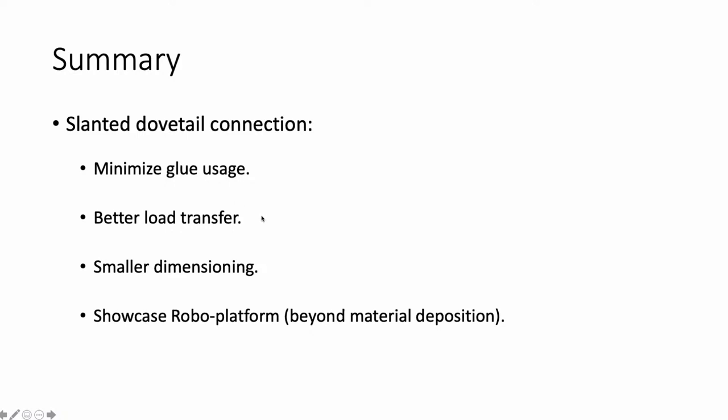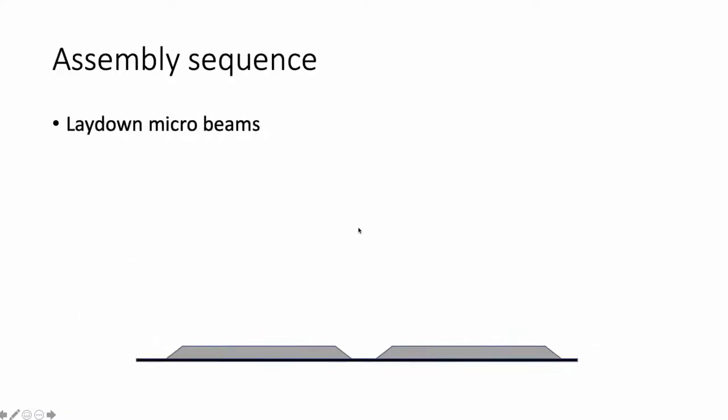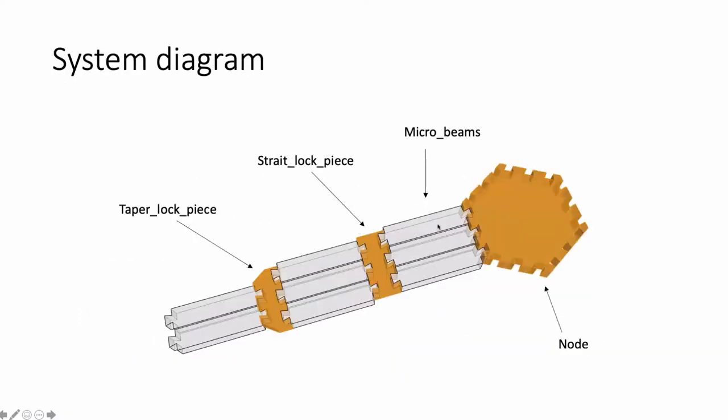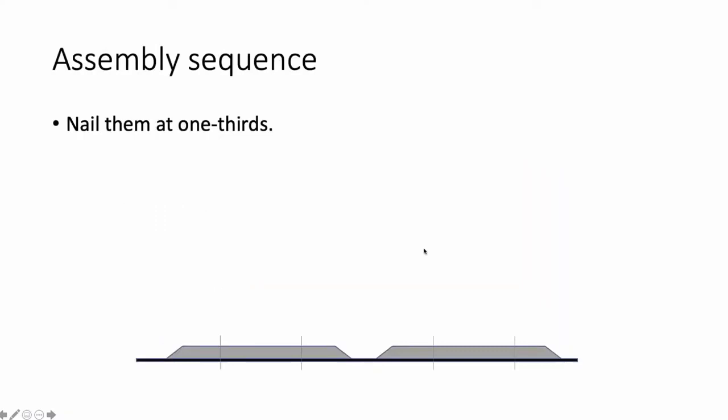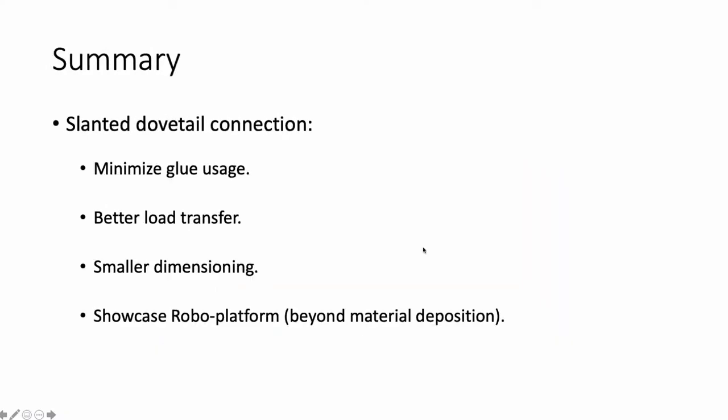I think it's going to have better load transfer and smaller dimensioning, and it would showcase the Robo platform beyond the glue and deposition of the material. I'm not sure how we're going to use the saw exactly to cut those angles, but let's see if Looming is going to be around.